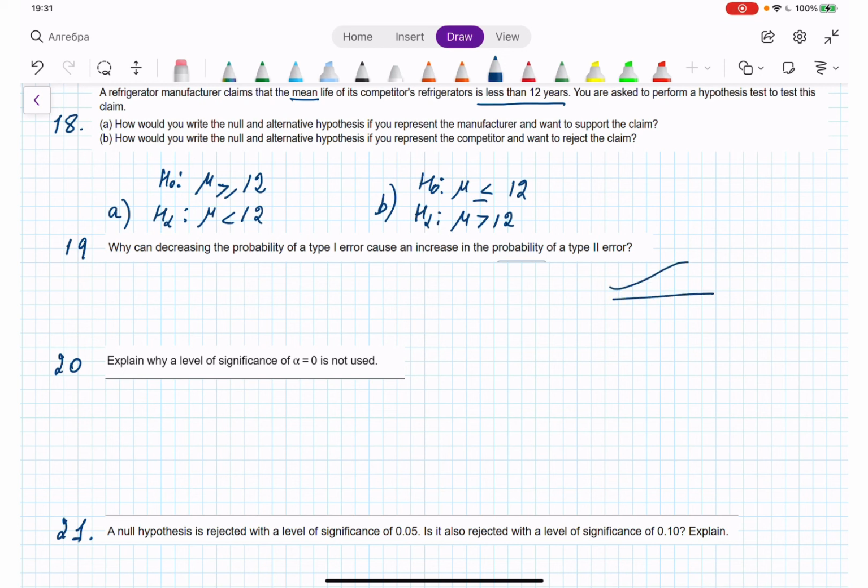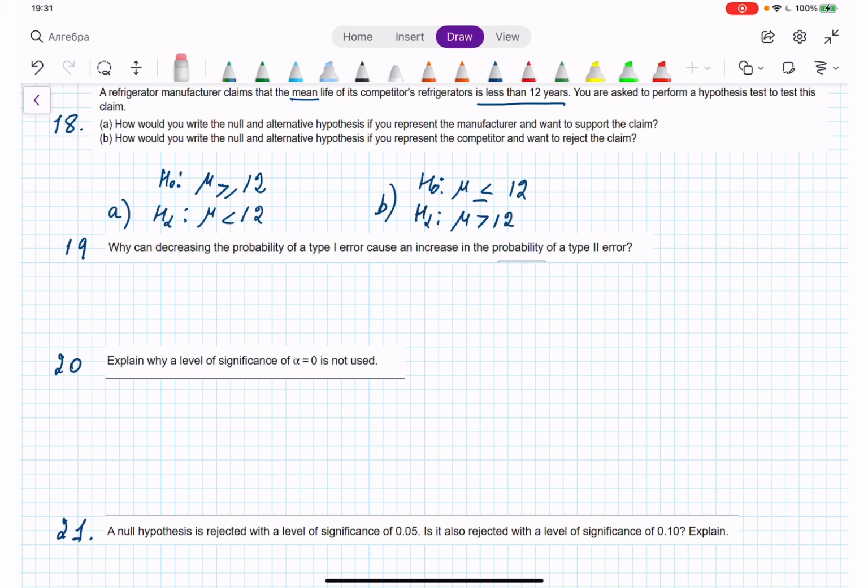Remember, this is our error, this is our alpha, the area, from elementary statistics. So decreasing alpha decreases the probability of rejecting the null hypothesis.